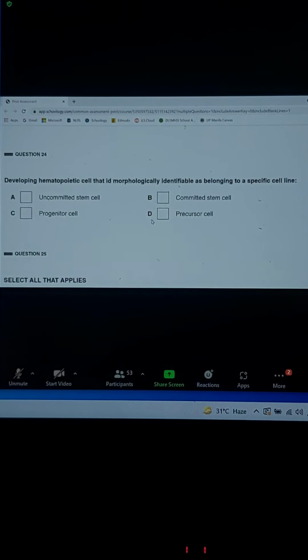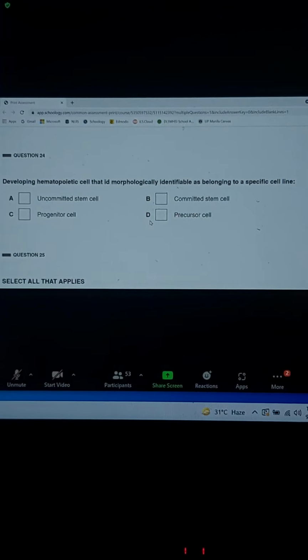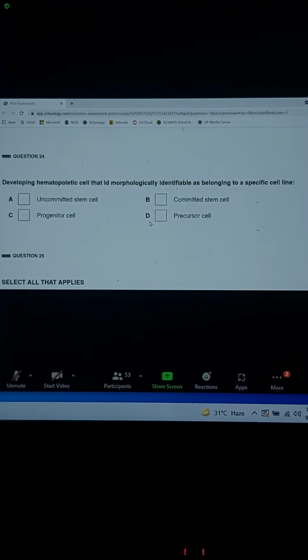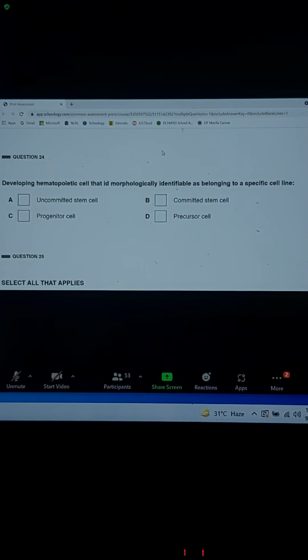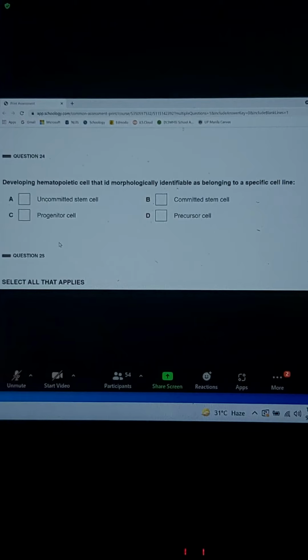Kasi pwede na natin ma-identify ang normoblast against sa myeloblast, saka megakaryoblast, ganyan. So uncommitted stem cells in general and the progenitor cells, they are morphologically unidentifiable. Mahirap sila ma-identify.